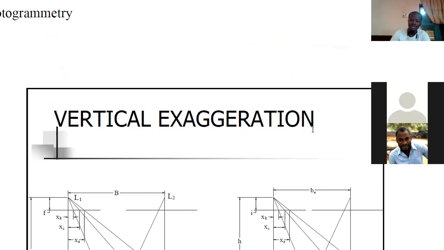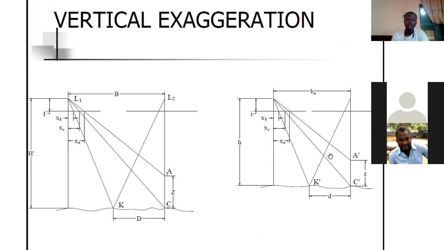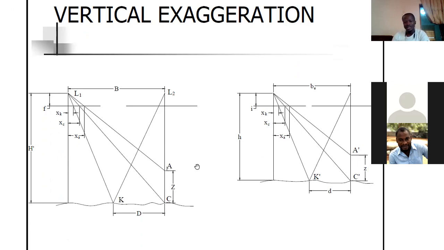So we are back to the diagram as I was talking about before I switched the recording back on. When you look at it closely, we are just playing around with a point A on the ground, which is projected onto the datum at a point C. And then we have K lying on another point.